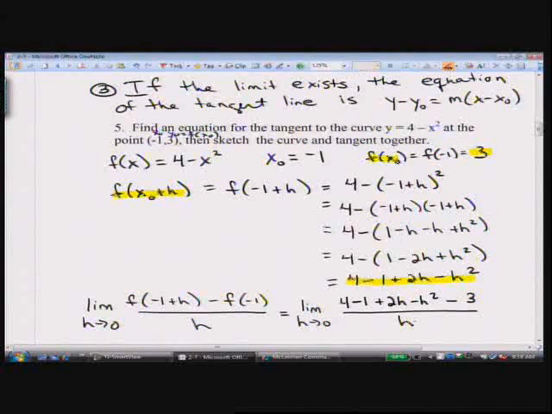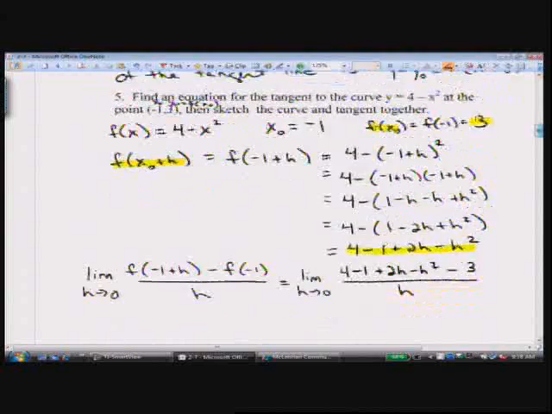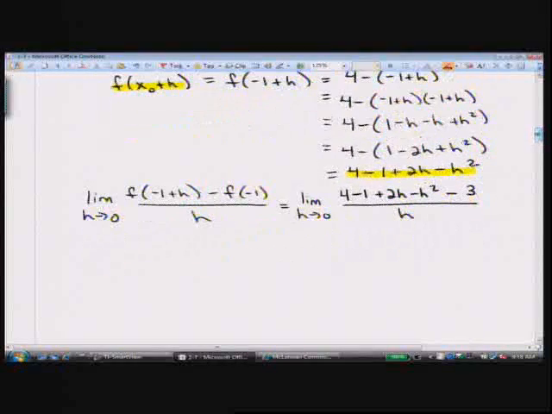What should happen? Everything that doesn't have an h in it should cancel out in the numerator. So 4 minus 1 minus 3, those cancel, right? And so you do just have 2h minus h squared over h. Now, if you do a direct plug-in, you get 0 over 0. But you can see that if you factor the h out, you would be okay.